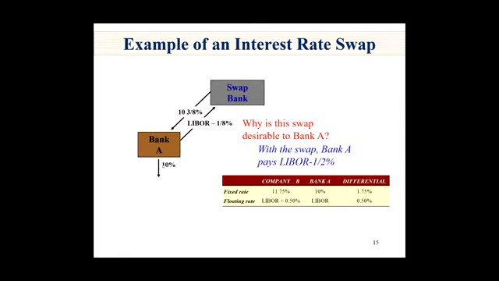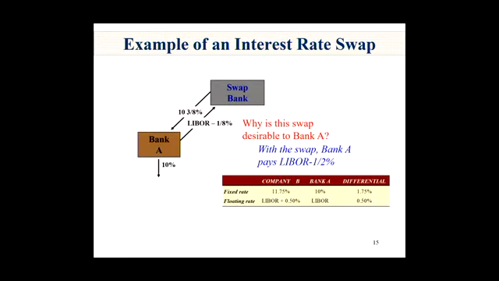What they do is they take the 10.375% that they get from the swap bank to pay the fixed loan. And instead, they will pay the swap bank LIBOR minus 1/8. So what they've done is swap a fixed rate for a floating rate. And that's what they wanted: they wanted to borrow at a floating rate.